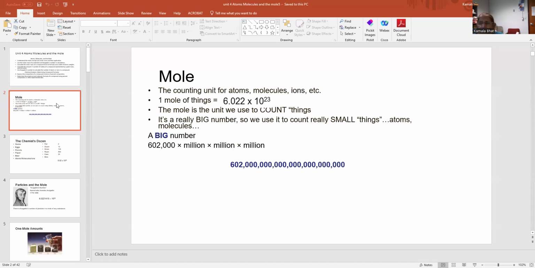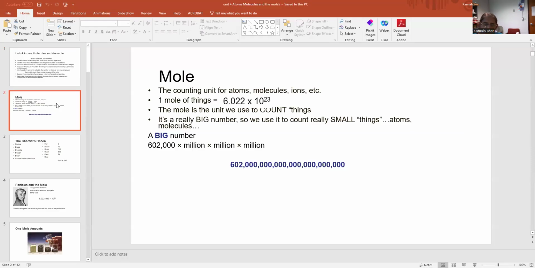First, the mole. The mole is a counting unit for chemistry and chemists. It can represent atoms, molecules, ions, and is designated as 1 mole of any particle consists of 6.022 times 10 raised to 23 units.